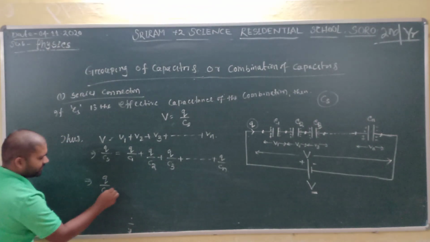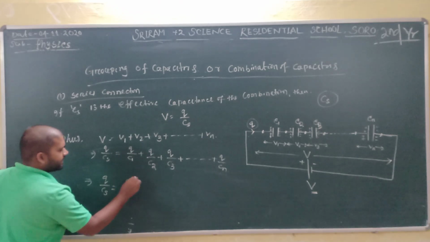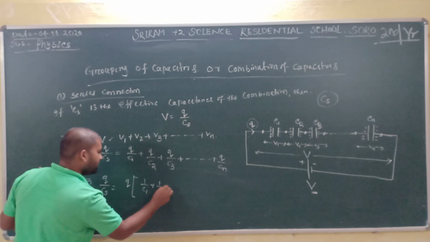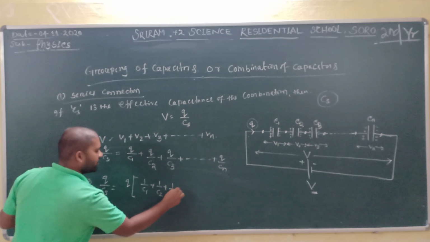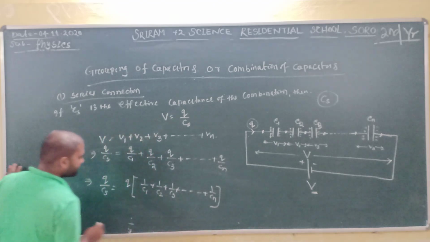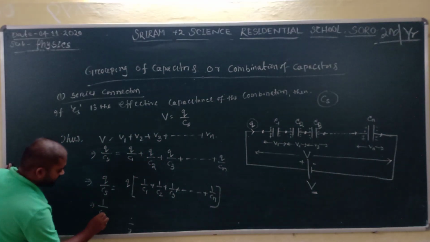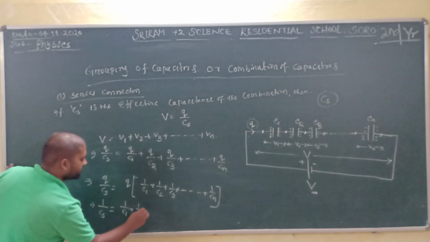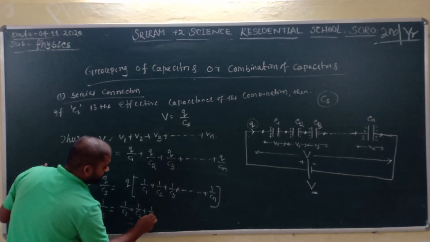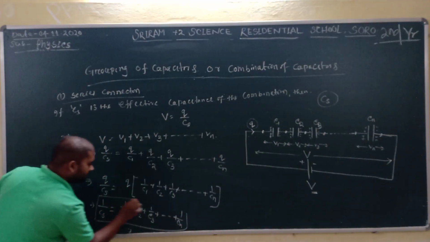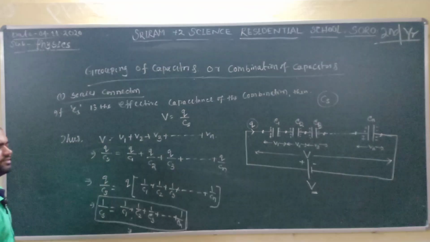Q divided by Cs equals Q times 1 by C1 plus 1 by C2 plus 1 by C3 plus 1 by Cn. So 1 by Cs equals 1 by C1 plus 1 by C2 plus 1 by C3 plus 1 by Cn.